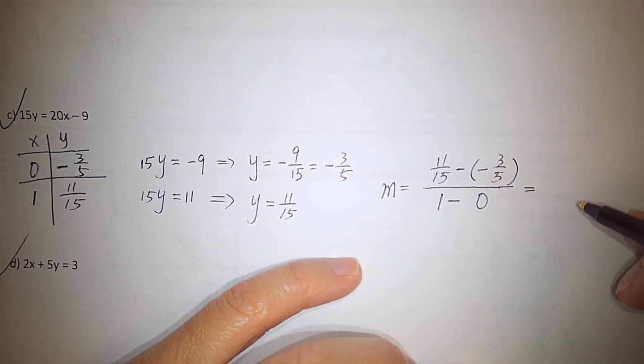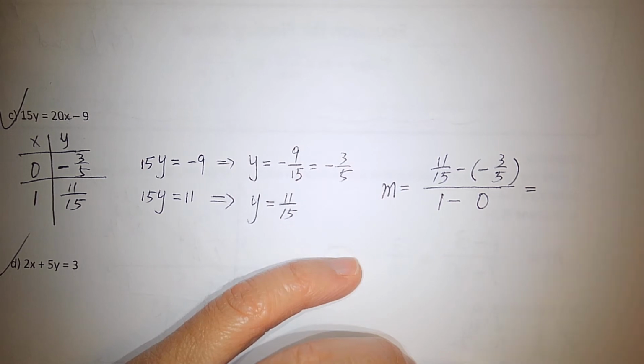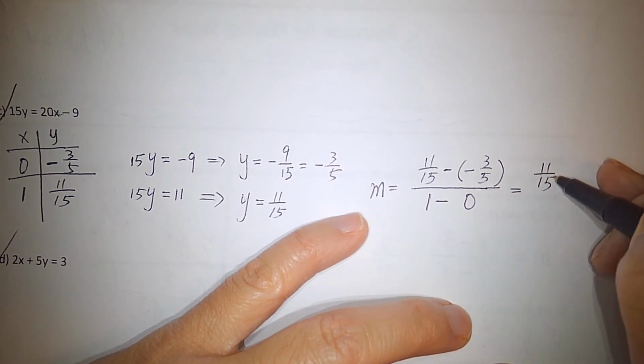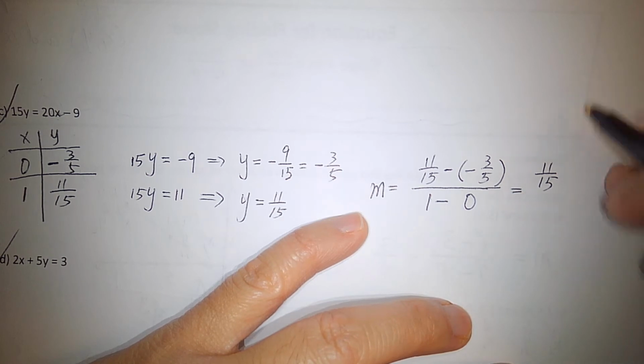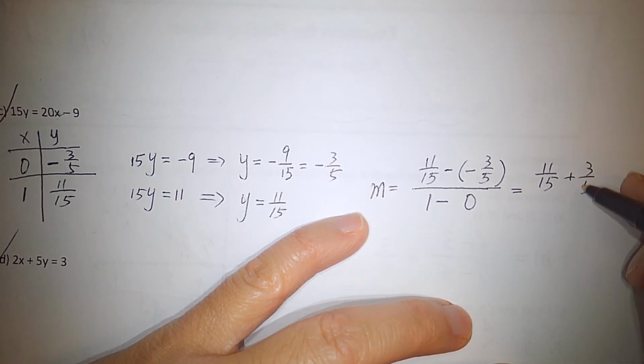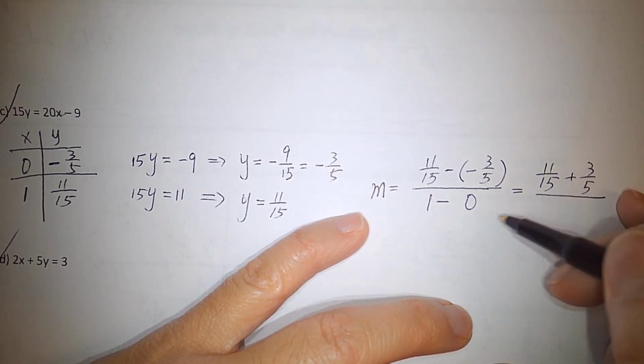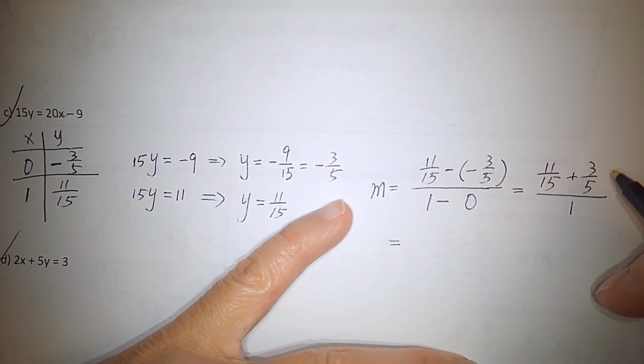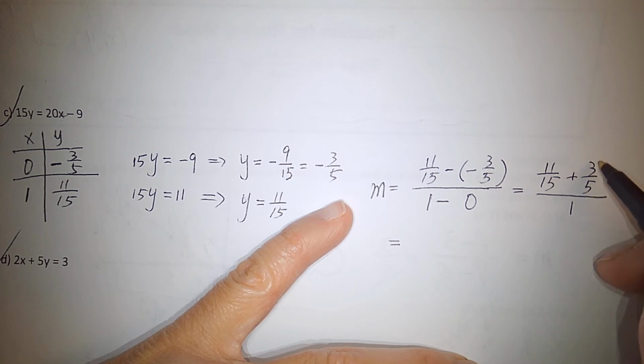Okay, so let's keep on simplifying. 11 over 15, minus negative 3 over 5 is plus 3 over 5, divided by 1 minus 0, which is 1. So it equals 11 over 15 plus 3 over 5.